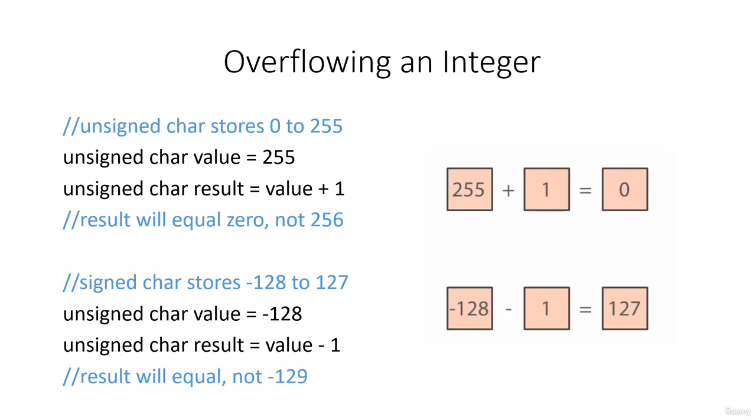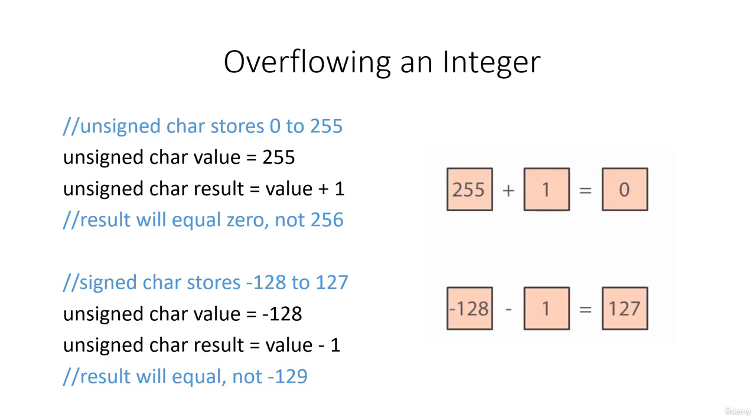The result will be 0, not 256, because the assignment of a value too large for the result variable to store causes an integer overflow. You can say the variable's odometer flips back to 0. Integer overflow works in the opposite direction too.